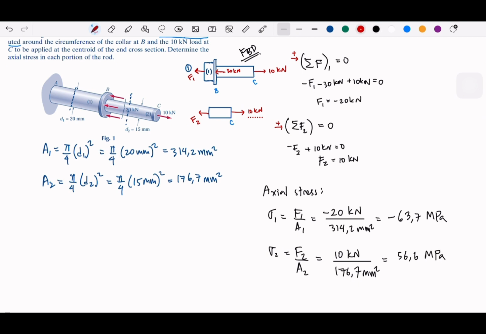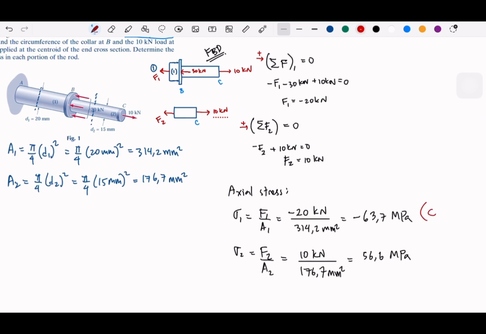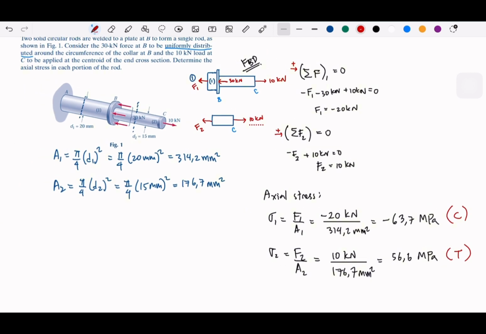Since this is negative, this will be compressive, and this will be tensile. So I think when we get the review or the solution, we could check back to the system. So this will be compression, this will be tension.